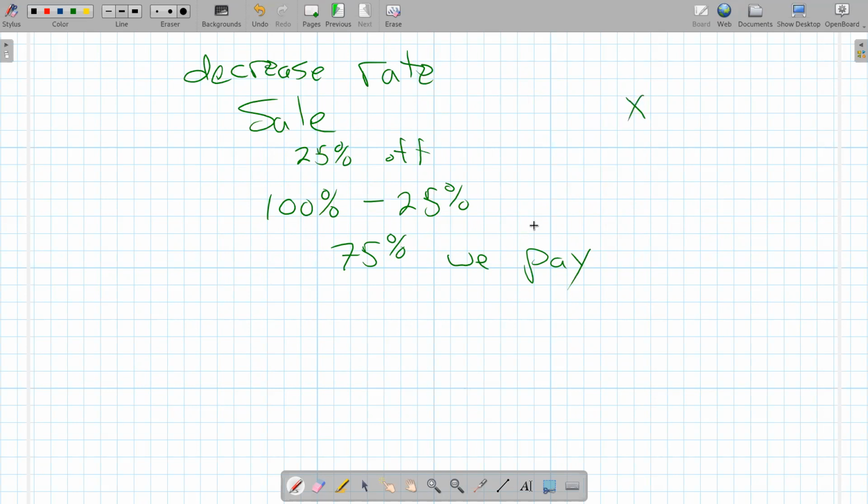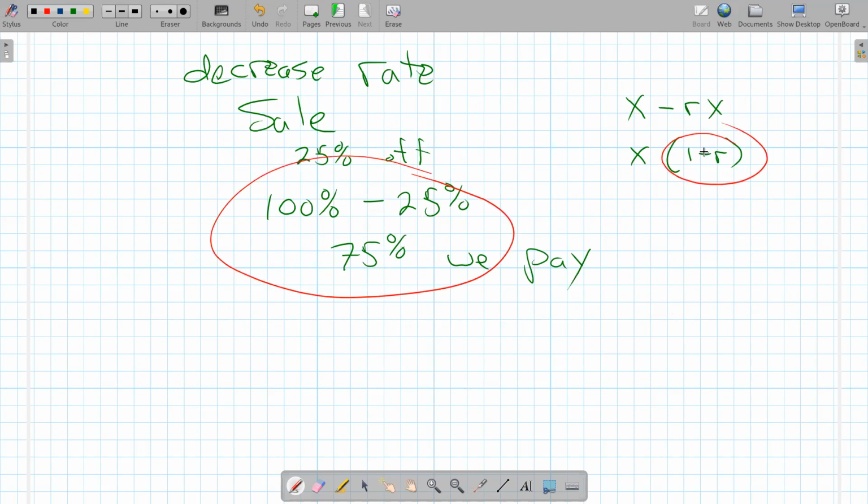X is something I buy, but because of the sale, I get to take away whatever R times X is. Factoring that, I pull out the X, I get a 1 minus R. So if it's 25% off, I pay 75%. So sometimes instead of increasing, adding on a rate, we're going to take away a rate. Depends on the context. All right, we're ready to move on to our next lesson.